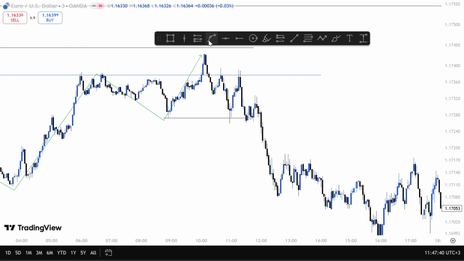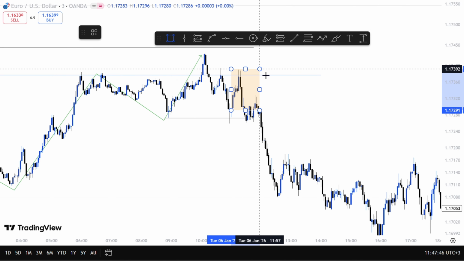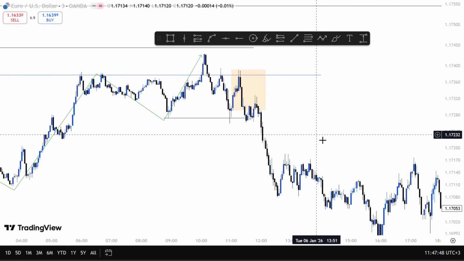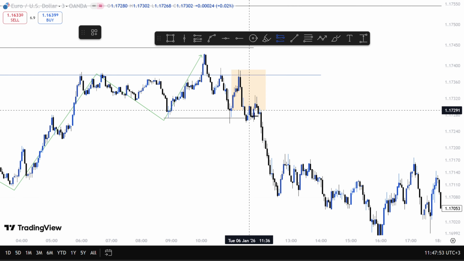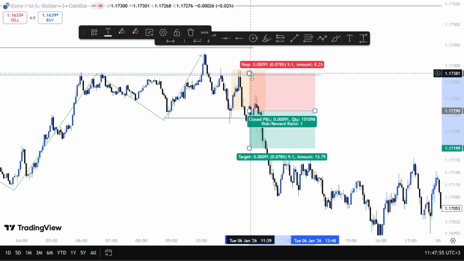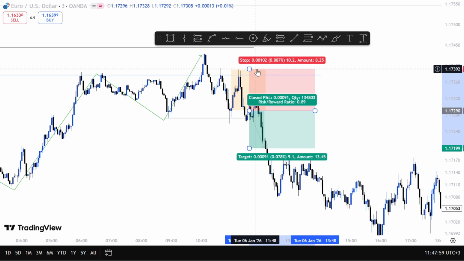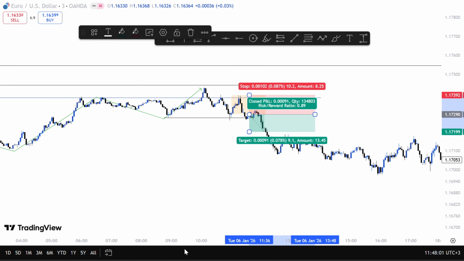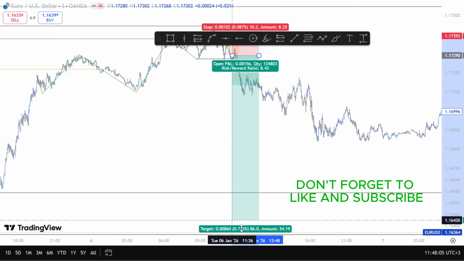I saw this interaction right here, and I knew that this will be the area I want to take a short trade, and I took it from right here and placed the stop loss above, and the take profit was actually on the daily level.